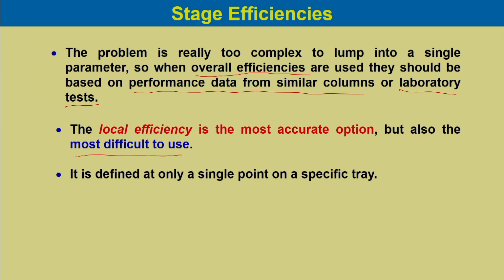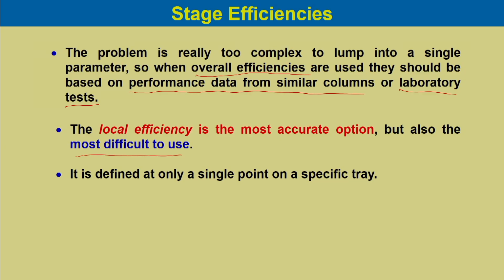This point efficiency is very difficult to use, because you have so many locations in a tray and so many trays. So, although local efficiency is the most accurate, it is very difficult to use, and it calculates the efficiency at only a single point.